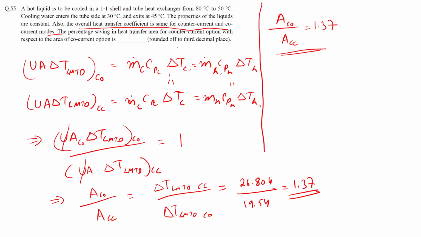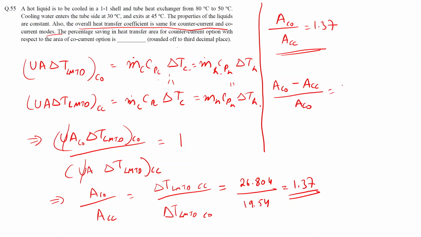Now we have been asked to find the percentage saving in heat transfer area for counter current option with respect to the area of co-current option. So that is, we have been asked to find ACO minus ACC upon ACO.